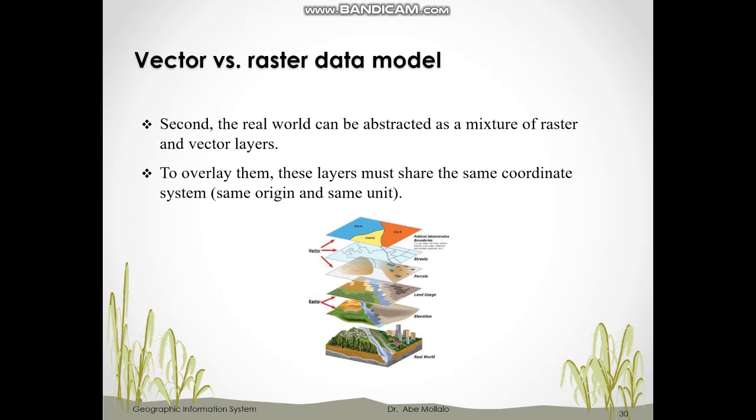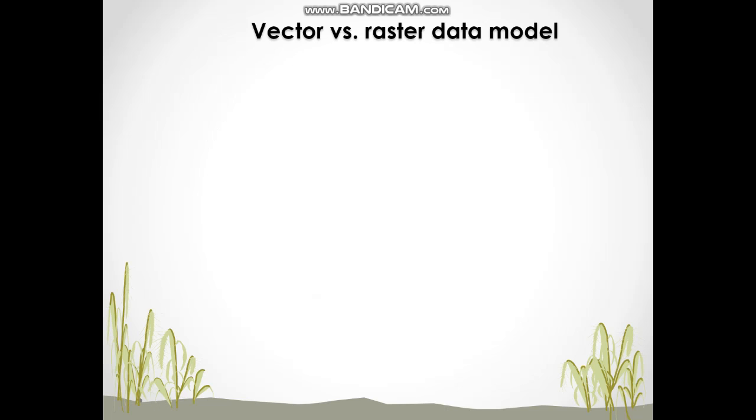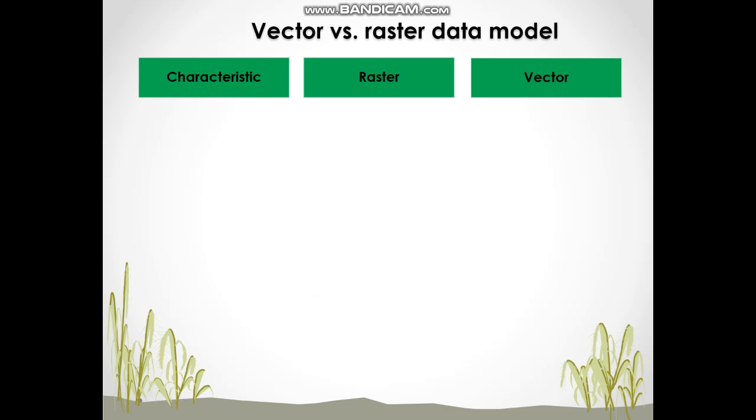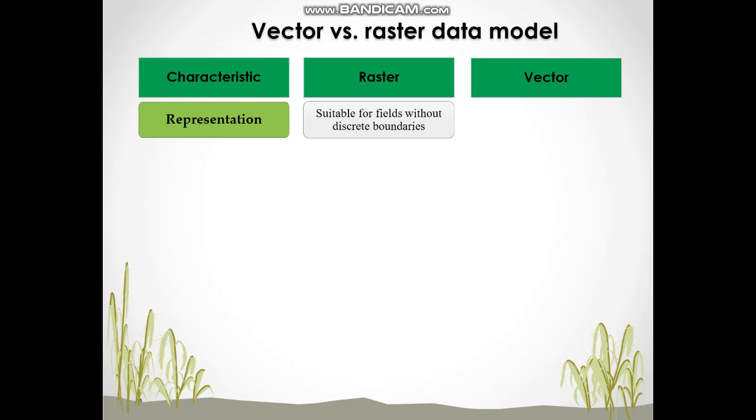Now let's do the comparison between the raster and vector data models in terms of different characteristics. First, let's talk about representation. The raster data model is widely used to represent field features. Remember, field features are those whose boundaries are hard to identify, like Wi-Fi, temperature, terrain surface, and humidity.